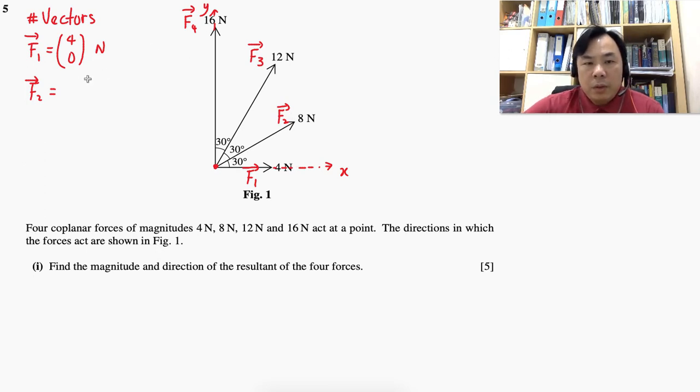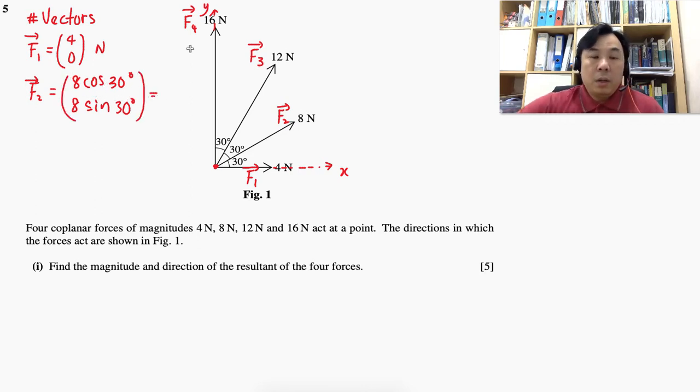By resolving that, the x component will be x cos 30, and the vertical component will be x sine 30. If you're comfortable with your calculator, or know the special angles by heart, we will get 4 sec 3 here, and then that will be a 4. That will be our second representation of the force.